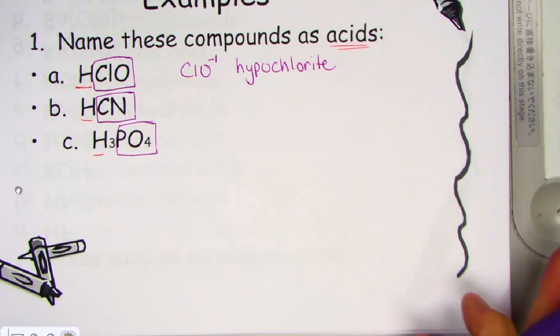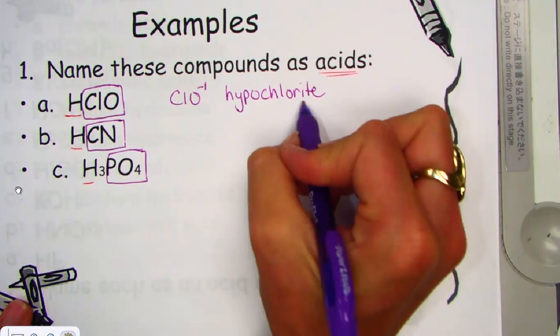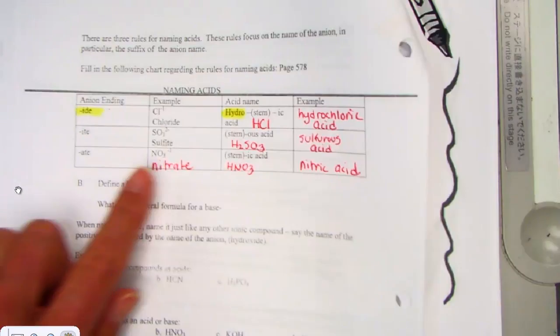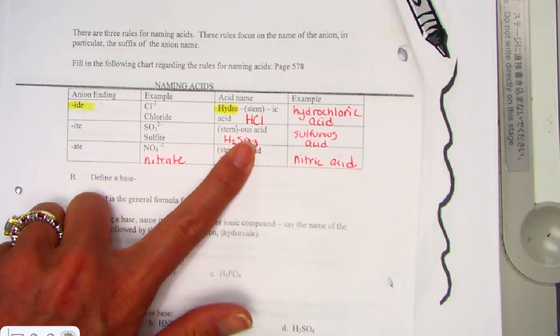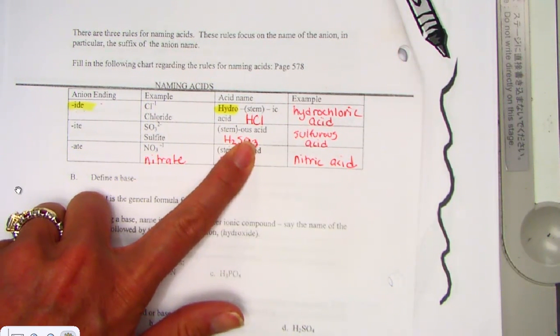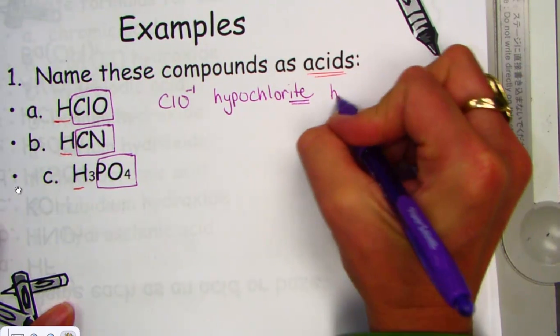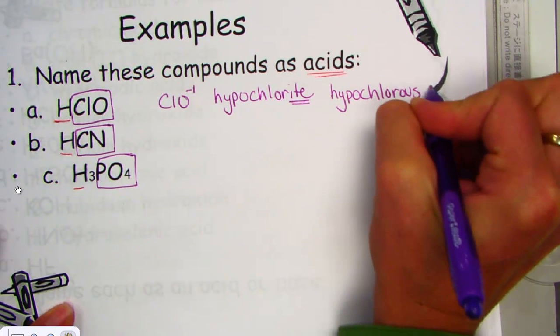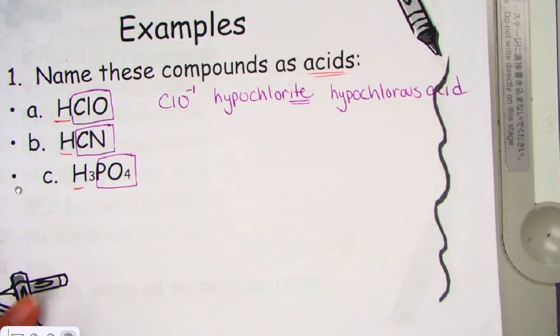All one word, hypochlorite. Important thing to see is that it's an ite ending. Ite ending says ite turns to us and we simply put on an OUS ending. Hypochlorite, named as an acid, becomes hypochlorous acid. Hypochlorous acid, HClO.